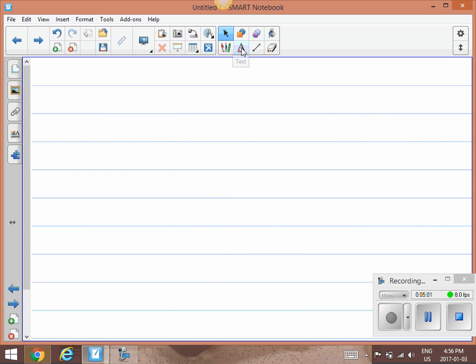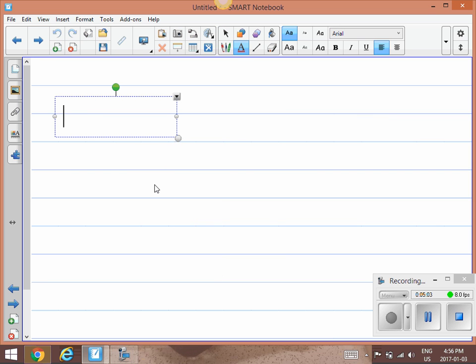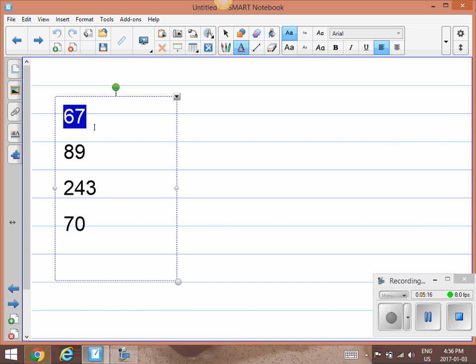So what I would like to try right now is some practice with looking at the value of each digit. So the 67, when we're multiplying, we don't look at it as 67 just because there's too much other stuff going on.